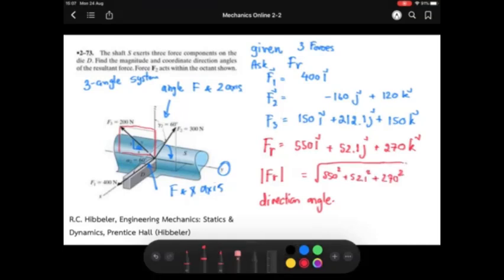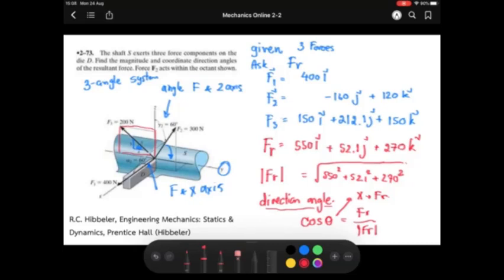And then cos theta, if theta is the angle between x and FR here, will be equal to the x component over the magnitude of FR itself, like this.